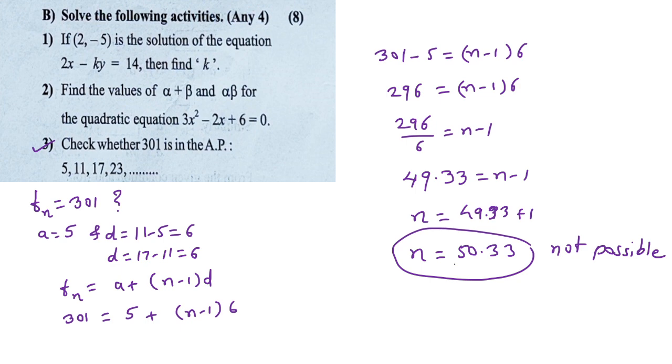It is not possible because n must be an integer or positive integer. It is coming in fraction, and fraction is not possible. Therefore 301 is not in the arithmetic progression.